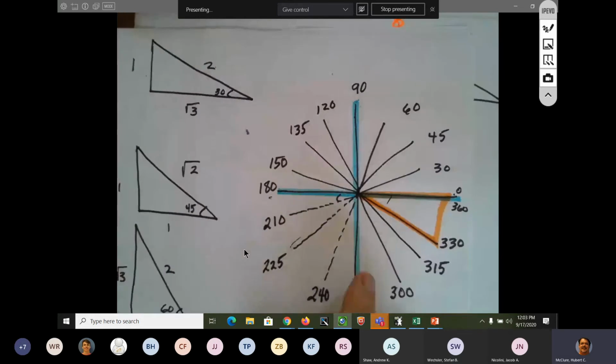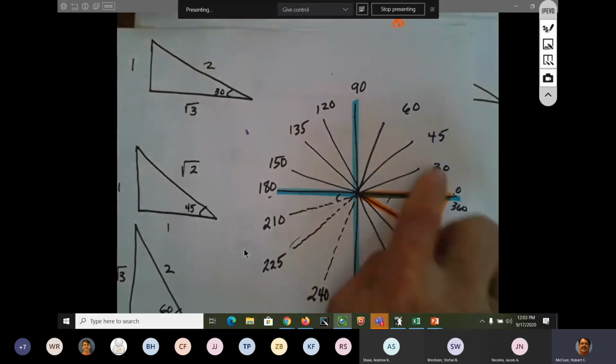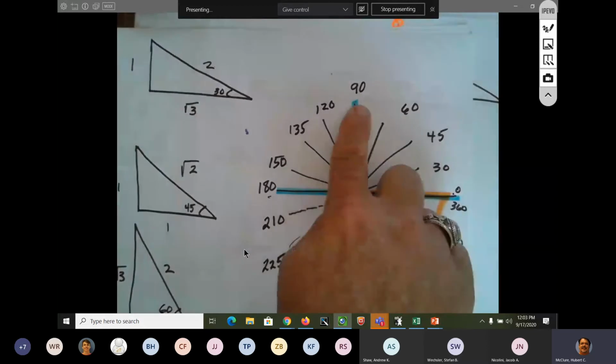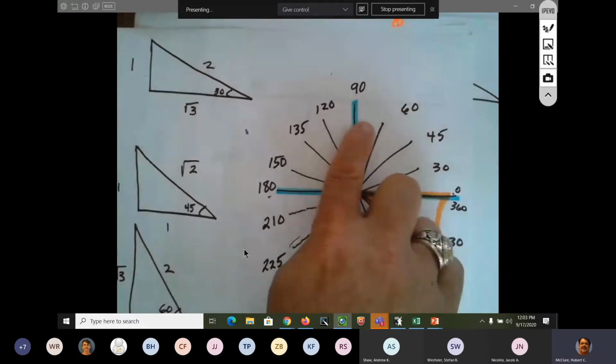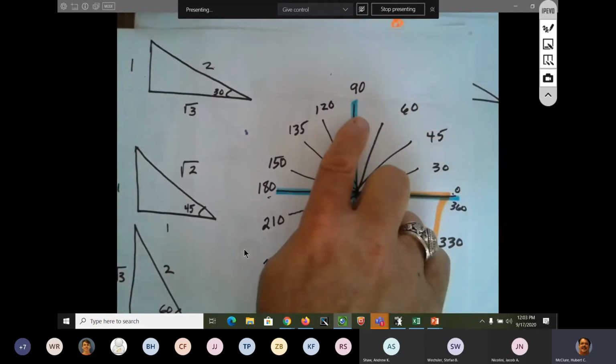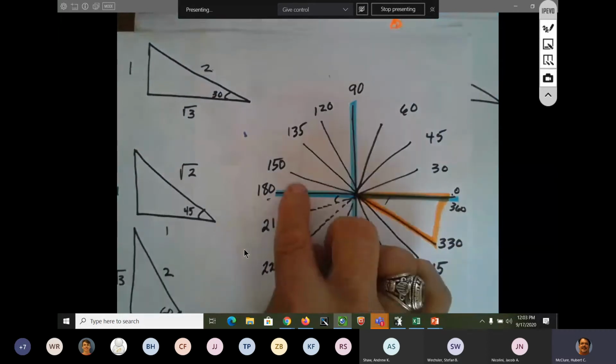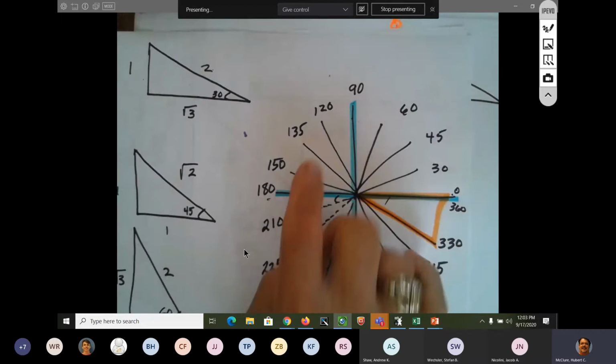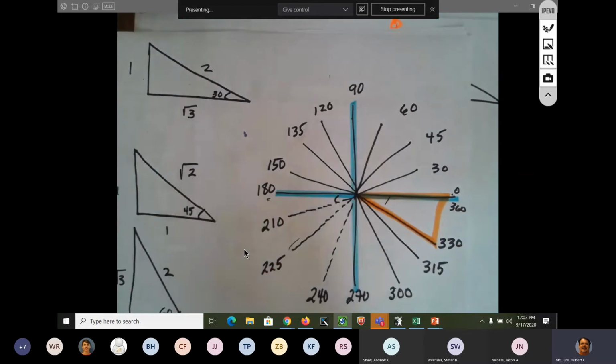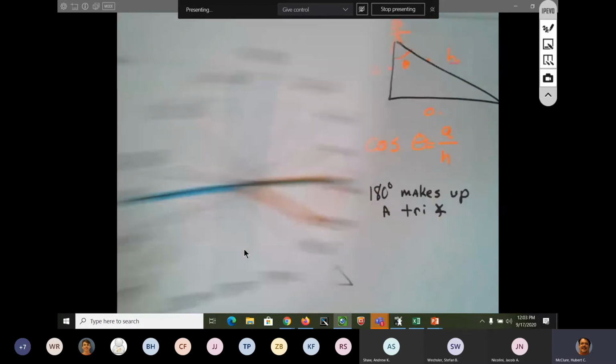What they're leading you up to, they're fixing to get you to do the unit circle. What did I do? Well, I went around and I did 90 plus 30, 90 plus 45, 90 plus 60, or 180 minus 30, 180 minus 45, and so on. So those are your reference angles.